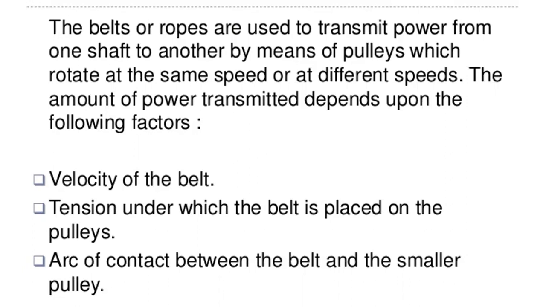The factors to be considered for power transmission are: first, the velocity of the belt; second, the tension under which the belt is placed on the pulleys, so depending upon the tension of the belt we also have to reconsider the pulley; third, the arc of contact between the belt and the smaller pulley, which lies between the two pulleys, because the pulley lies on the shaft.